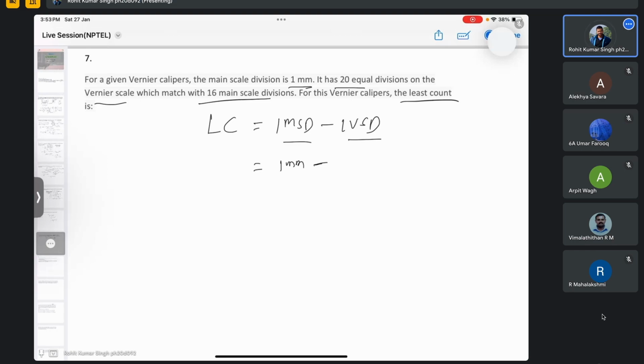Alakhya says 10 divisions. Can you unmute and explain how you say it's 10?